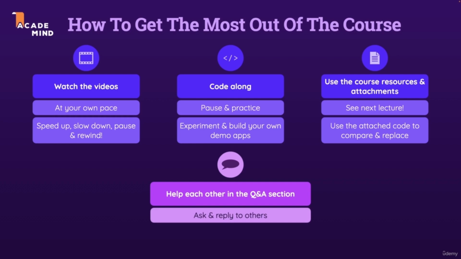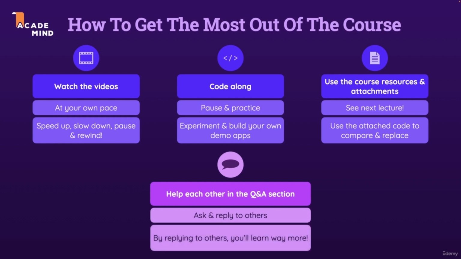Because if you try to help others, if you reply to others, you will get way more out of this course, because when you solve someone else's problem, you are challenged to come up with a solution, to articulate that solution, and that will actually make sure that you really get the most out of this course, that you have to understand the things that I teach in this course, and that you fully understand them instead of just a little bit, for example. So definitely also use this Q&A section to help others and not just to ask for help. That's my recommendation for this course.